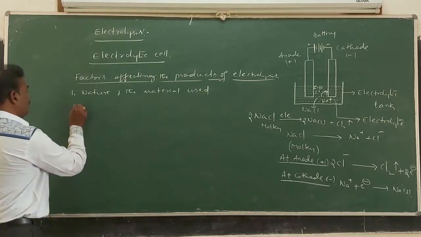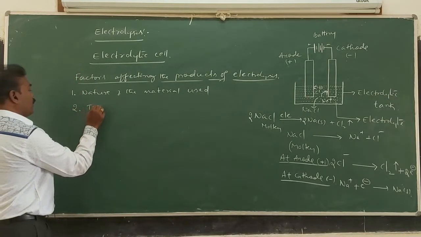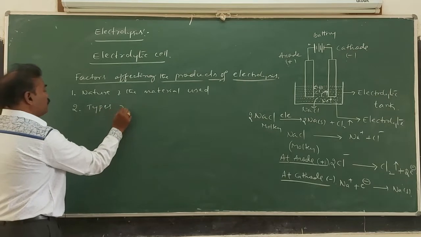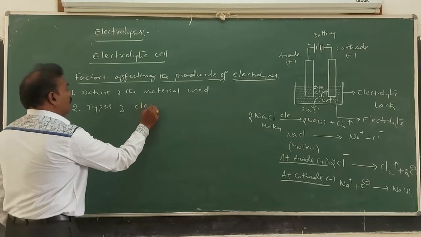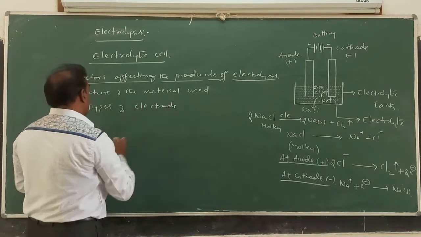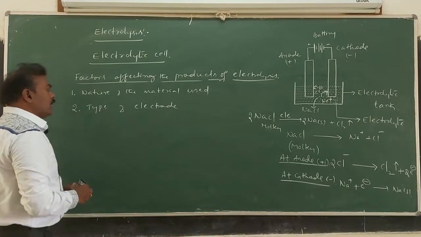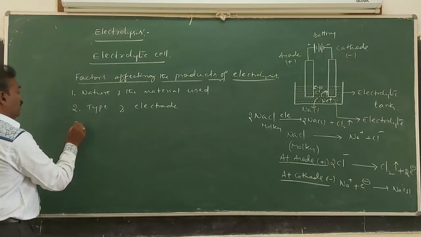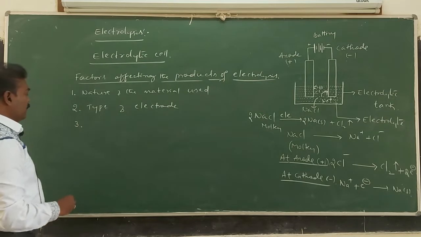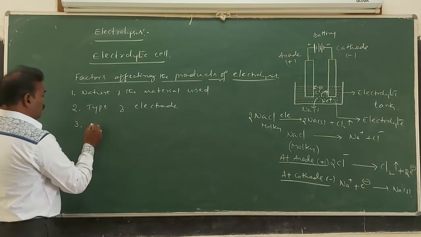Second one is the type of electrode. And the third one is over potential.